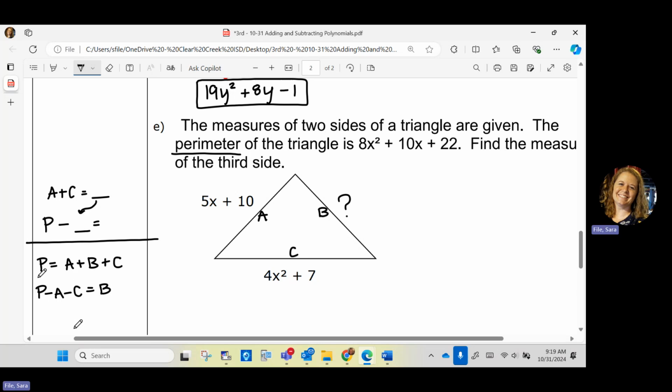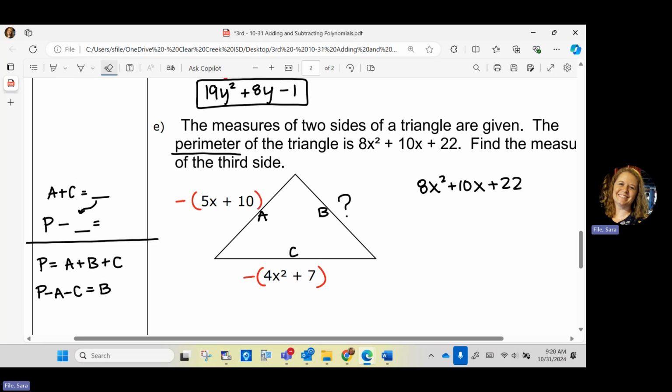I can start with the perimeter and subtract side A and subtract side C. So I can stack the perimeter on top, and then I am subtracting this side and subtracting this side.